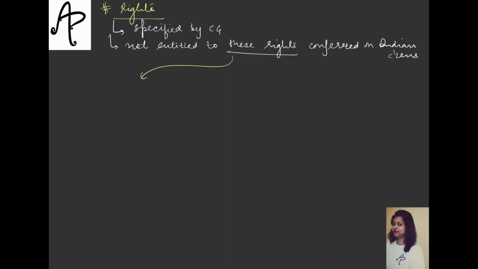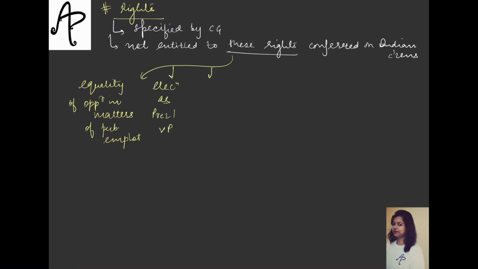So what are those rights? Firstly, equality of opportunity in matters of public employment. Then election as president or vice president. Then appointment as Supreme Court or High Court judge.